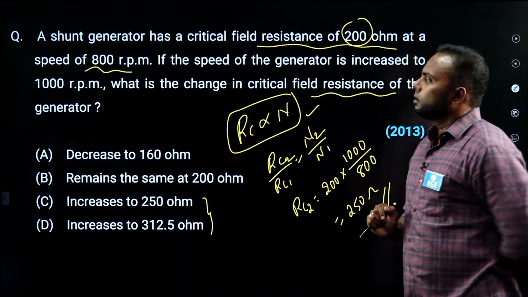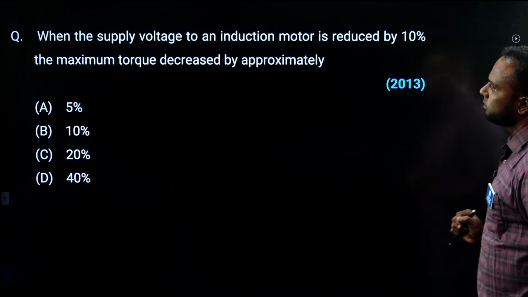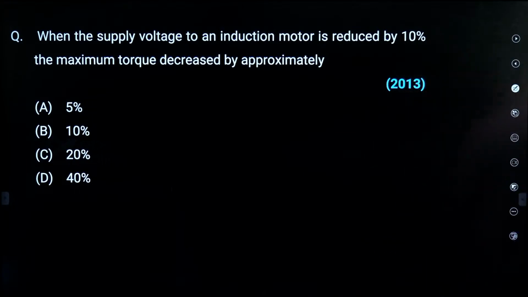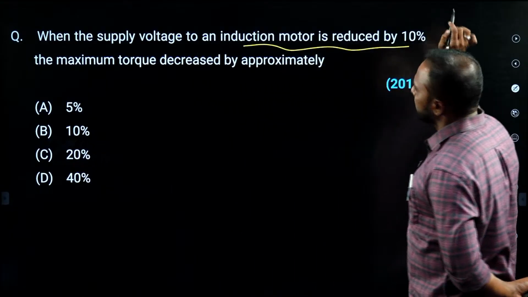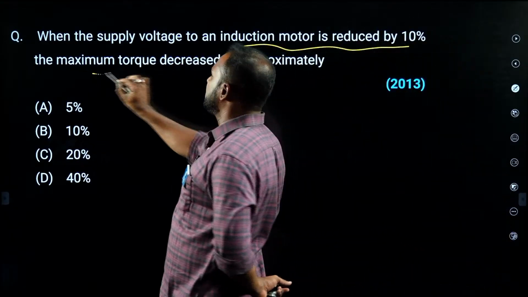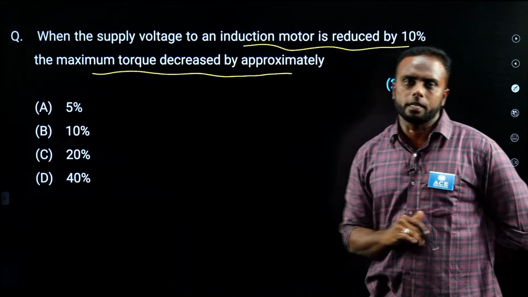Next question. Read the question. What is the question? When the supply voltage to an induction motor is reduced by 10%, the maximum torque decreases by approximately dash.